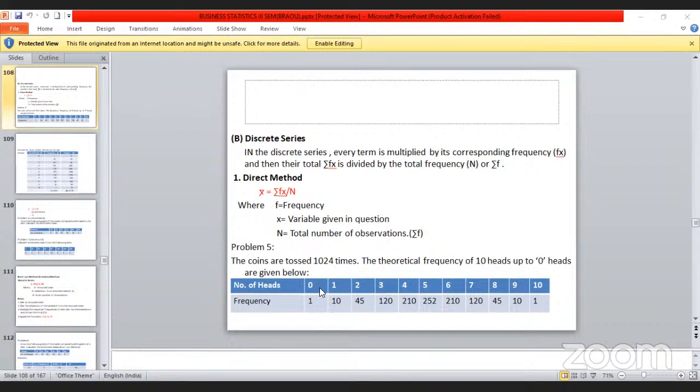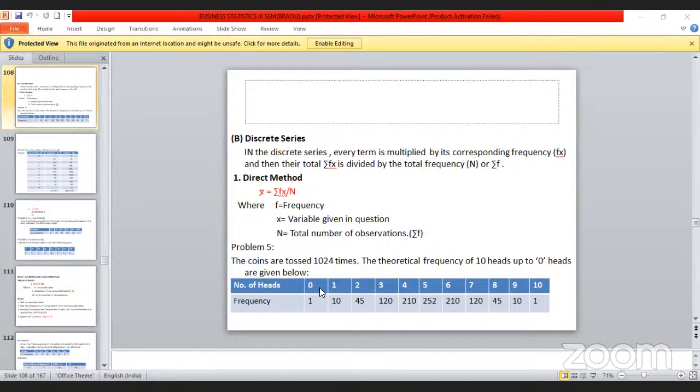So here we have terms. Individual series means roll numbers 1, 2, 3. In individual series, we are giving roll numbers to each and every student. But in the discrete series, it will not be continuous. It is 0. Will anyone have the 0 roll number? No. So it will be like that.